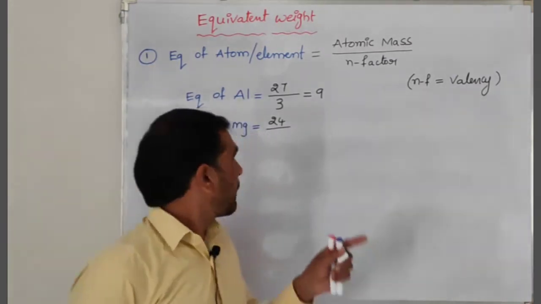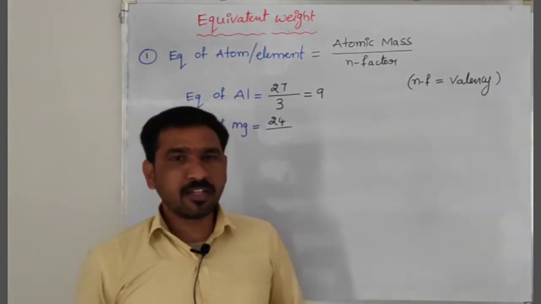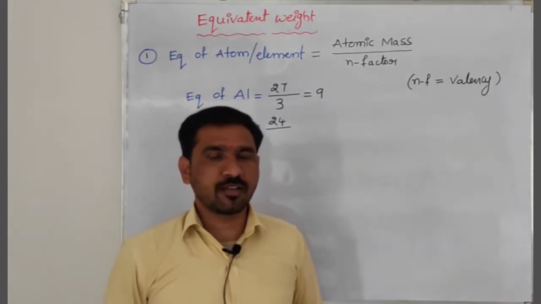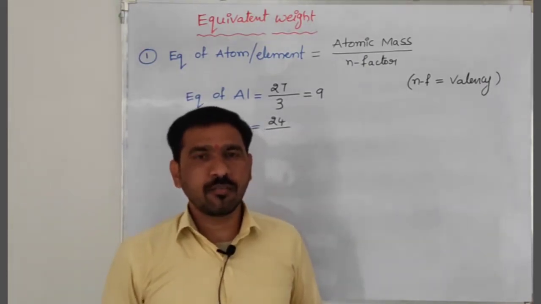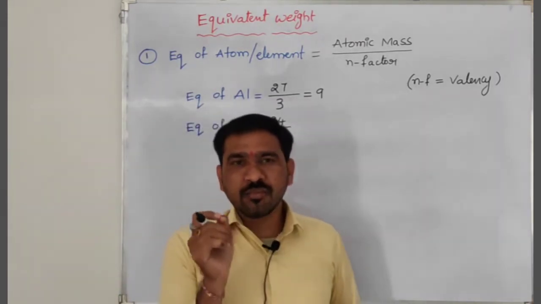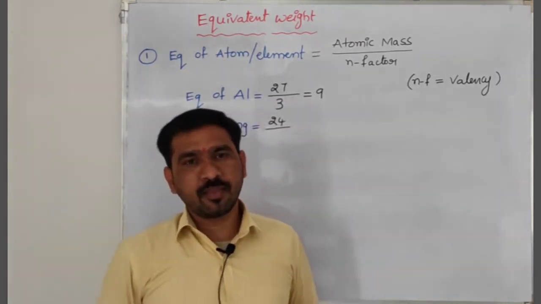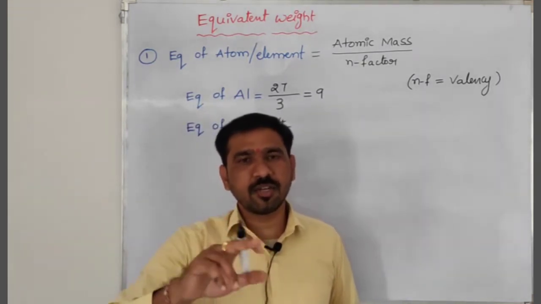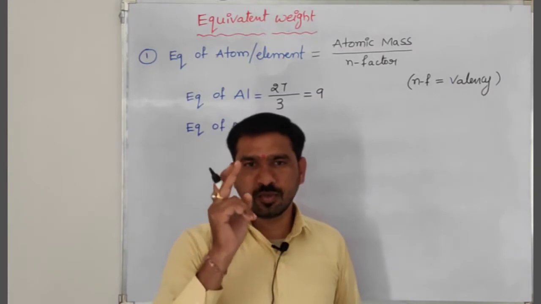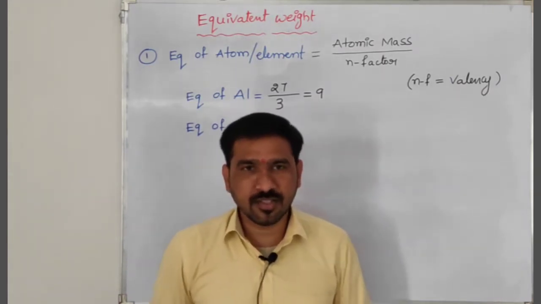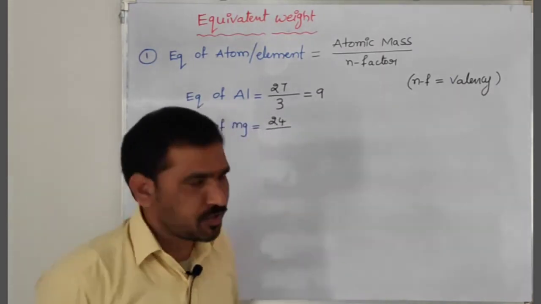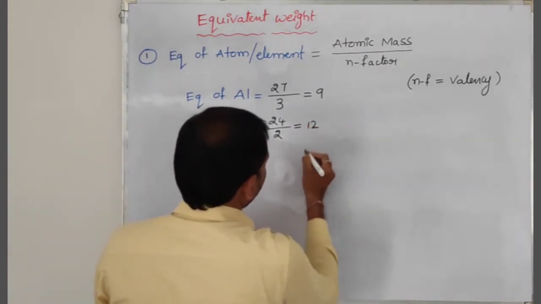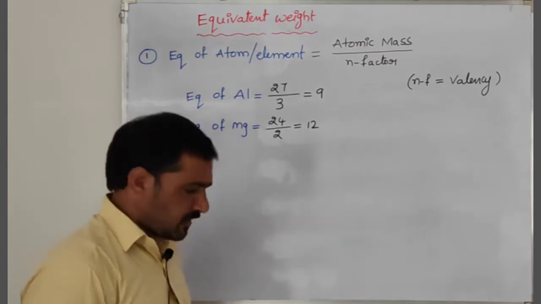Magnesium belongs to the second group, has 2 valence electrons, and moreover magnesium has atomic number 12, and its nearest zero group element is neon. How many electrons difference between these two? 2 electrons. That is also considered as the n factor of magnesium. So 24 divided by 2 is equal to 12 grams, right?